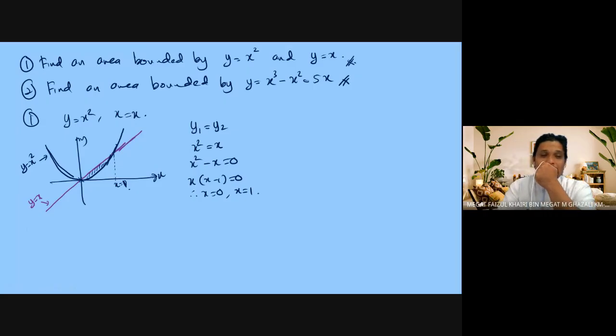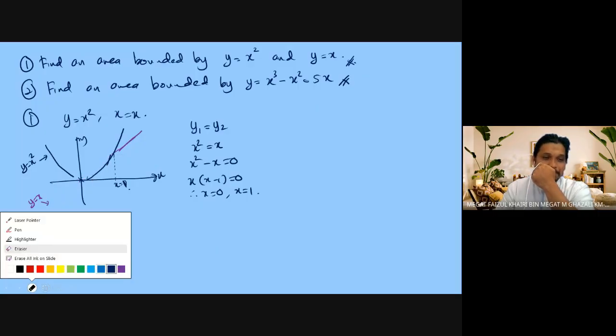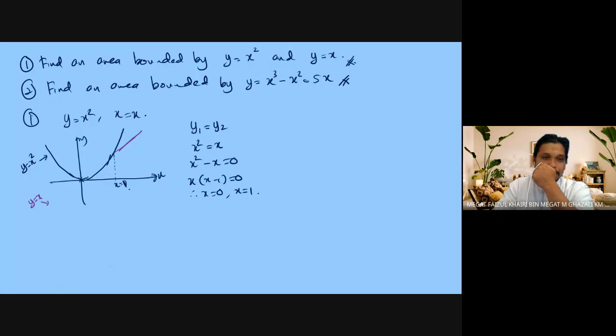Now, to find the area between these two functions, we need to clarify where the area is. This is the area.